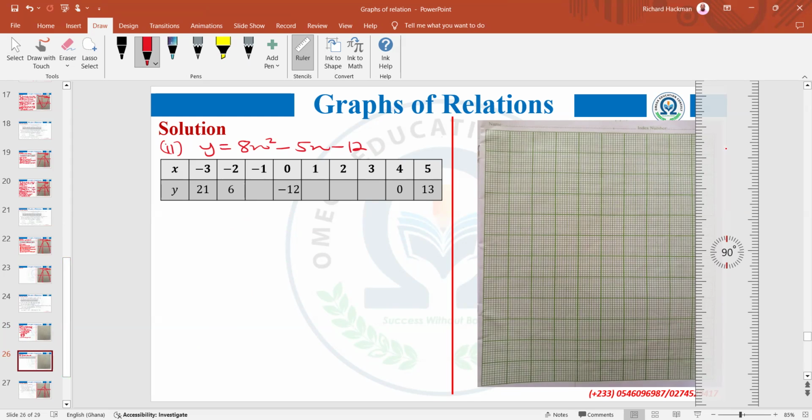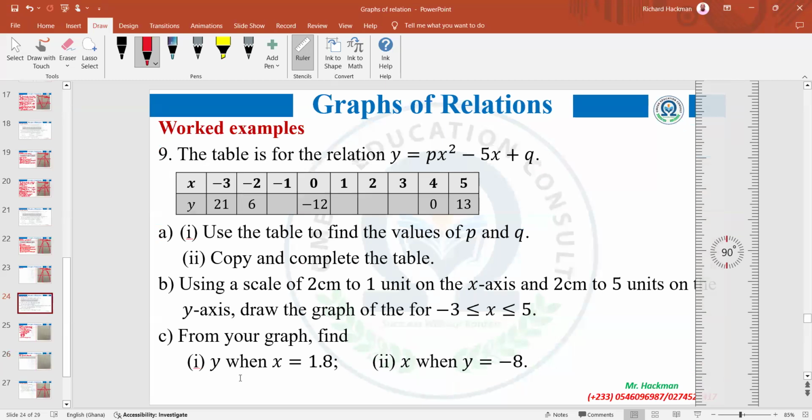Yes, please. I don't want us to waste time on that. When you draw your curve, maybe I will use another curve just because of time to explain this particular question. After drawing your curve, it is this question that you need to solve, and there is nothing difficult about it. You are asked to use your graph to find y when s is equal to 1.8. So go and draw the line s is equal to 1.8.